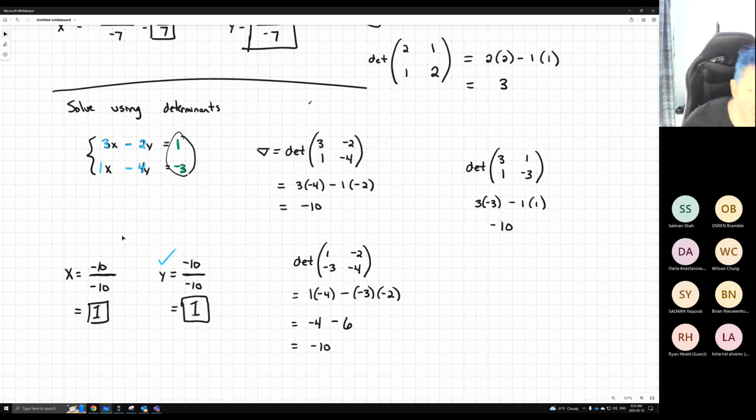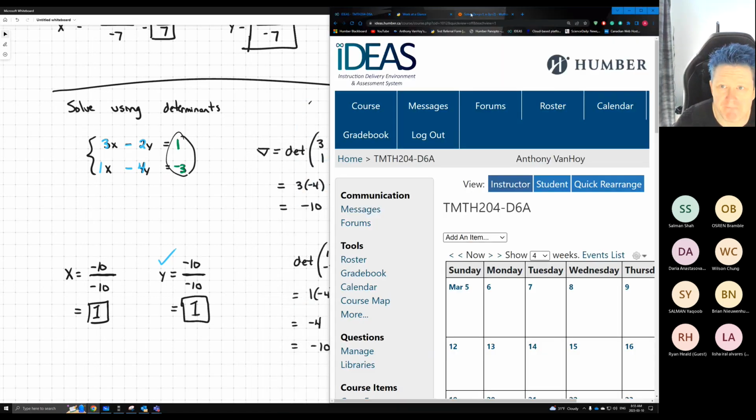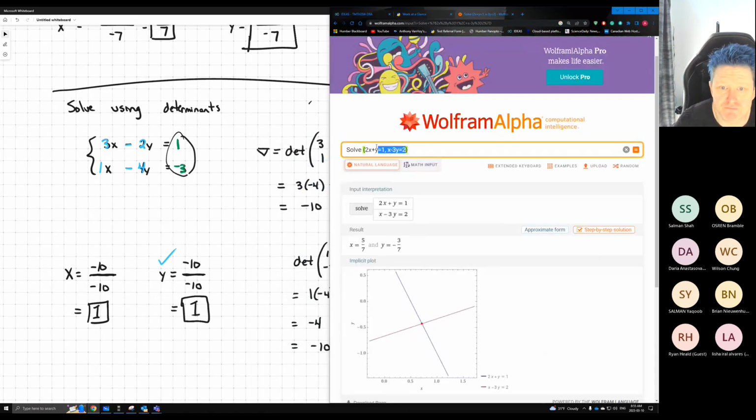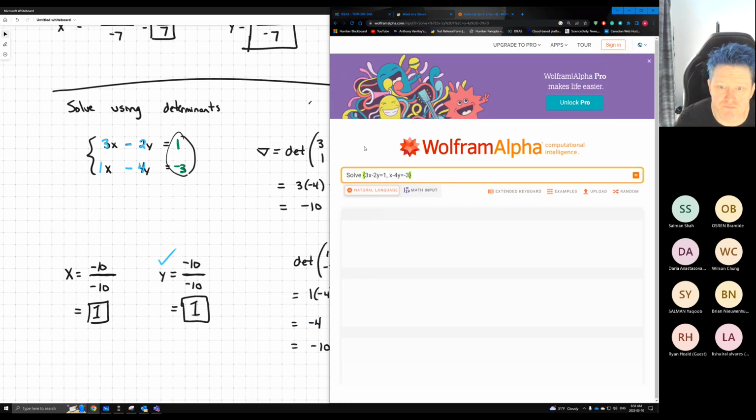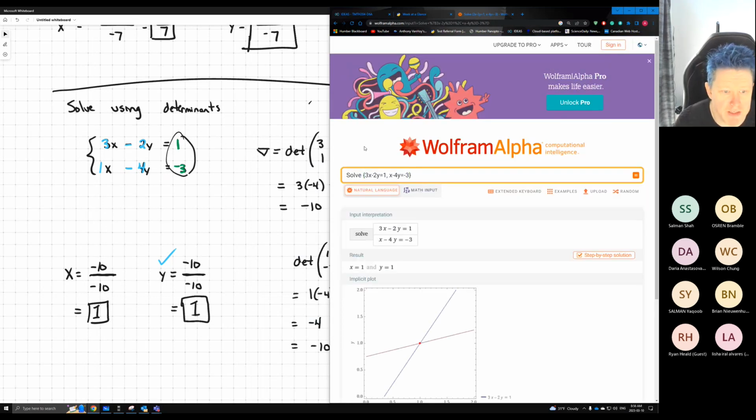Let's see if Wolfram Alpha agrees with that. And it does. So the intersection point is in fact at 1, 1.